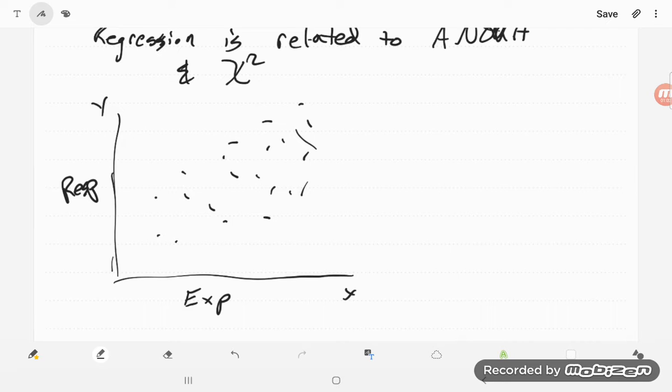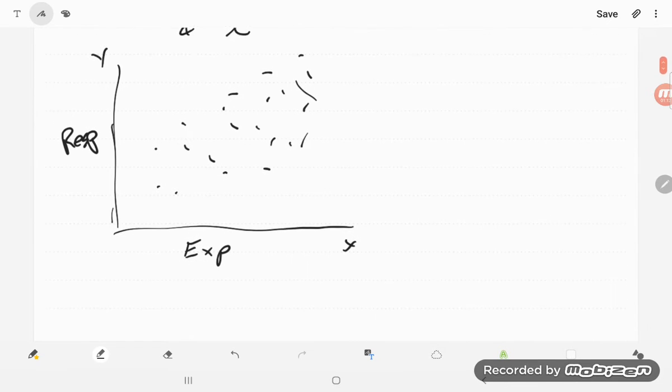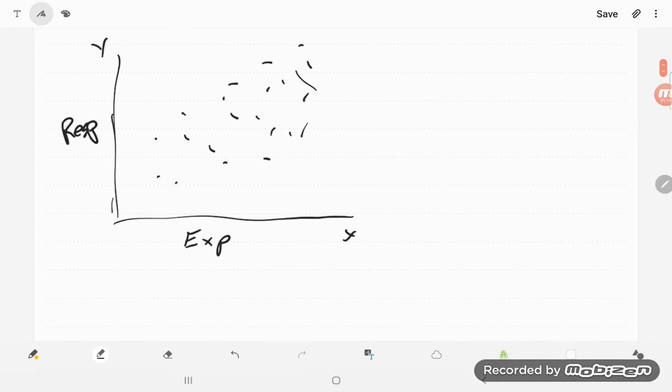Now, if I move from numerical data here on the x-axis, suppose this was just height and this was just weight.